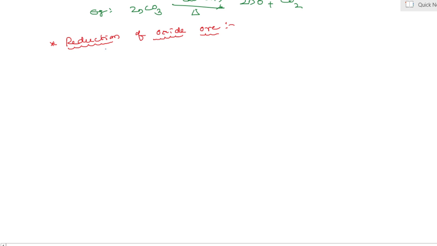It is the process of conversion of metal oxide ore into metal.